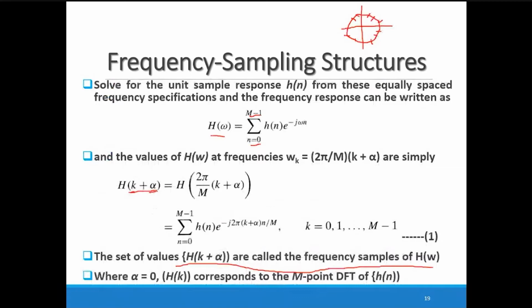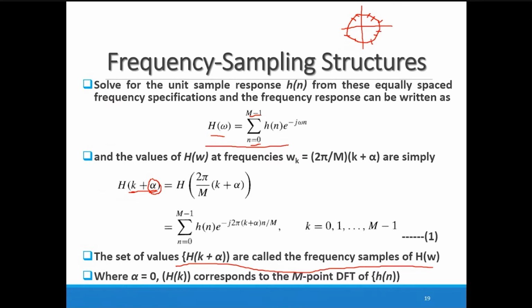So what we are doing is dividing this entire H of omega at these values of k plus alpha. If your filter is symmetric, at that time we take alpha as 1 by 2. If it is anti-symmetric, then we take the value 0.